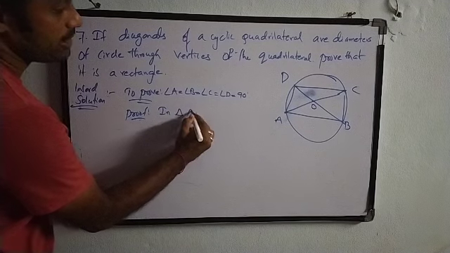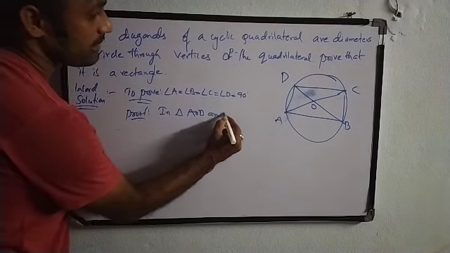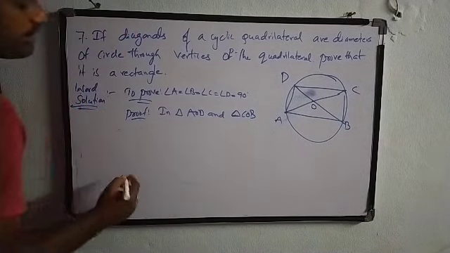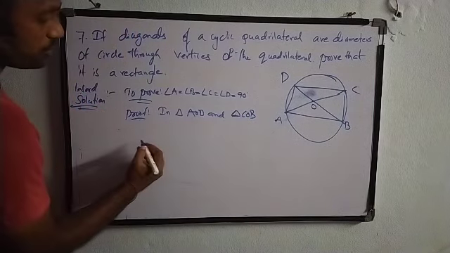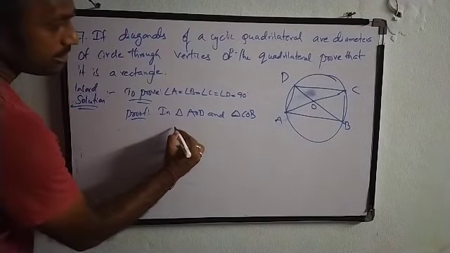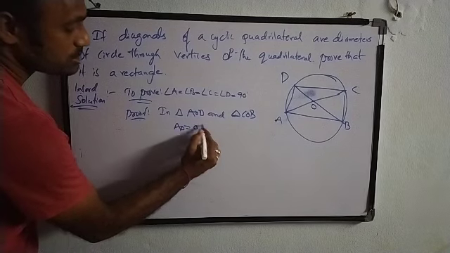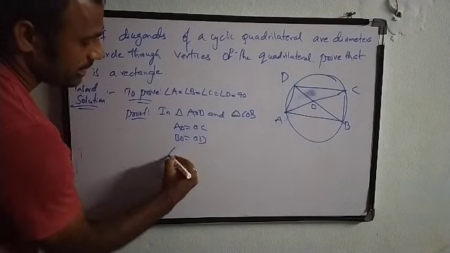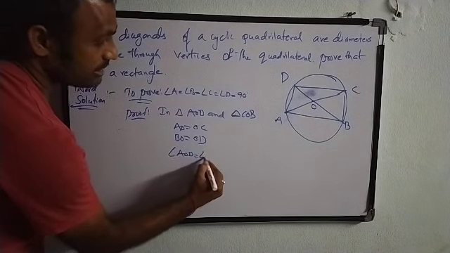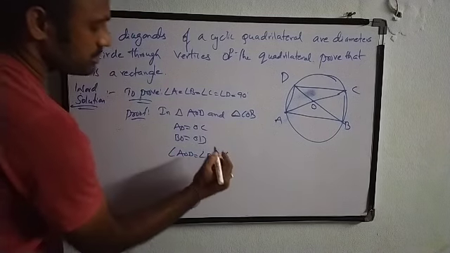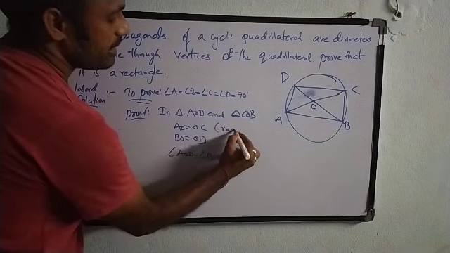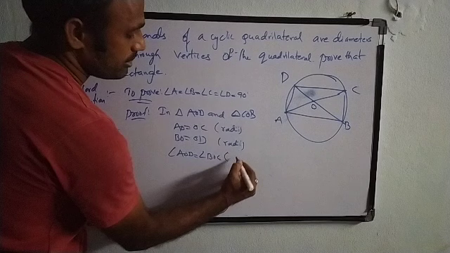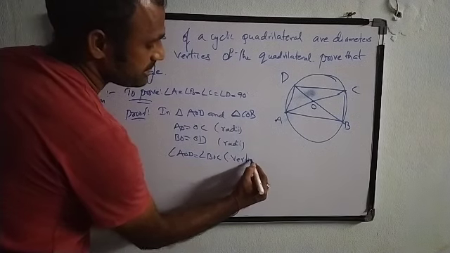In triangle AOD and triangle COB, AO is equal to OC, BO is equal to OD, and angle AOD is equal to angle BOC. Here these are radii, here also radii, and here vertically opposite angles.